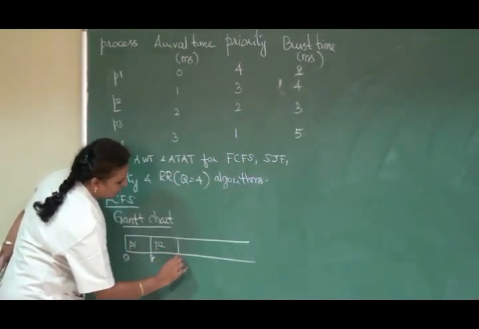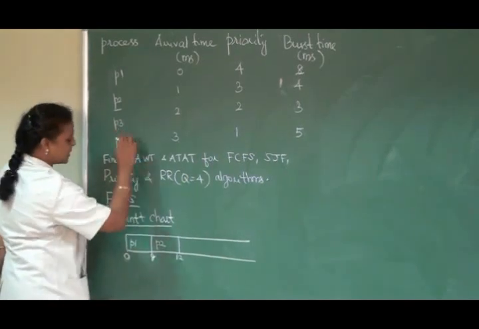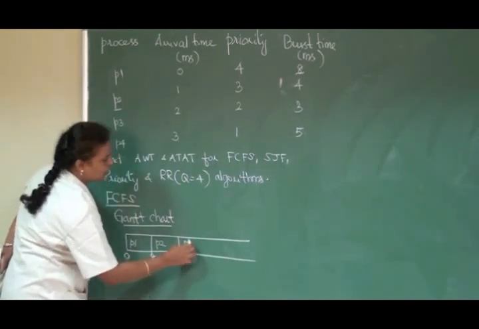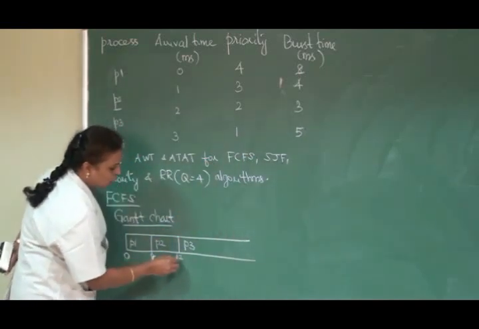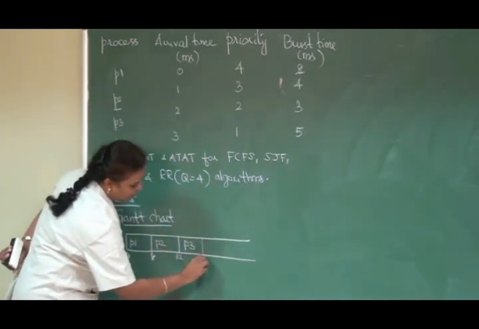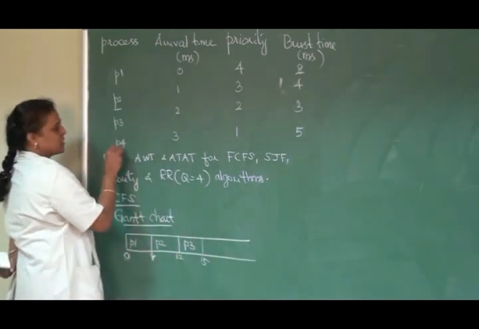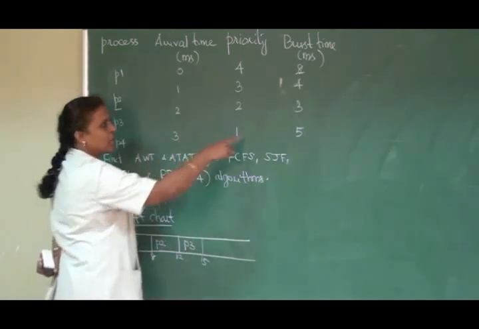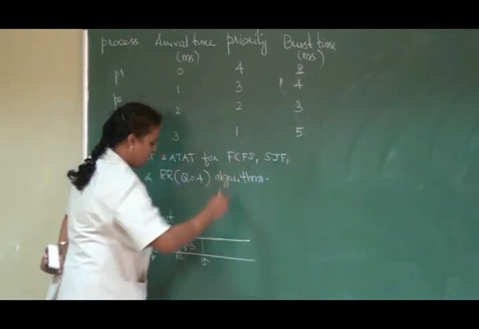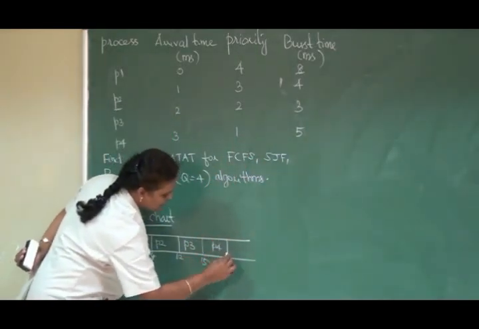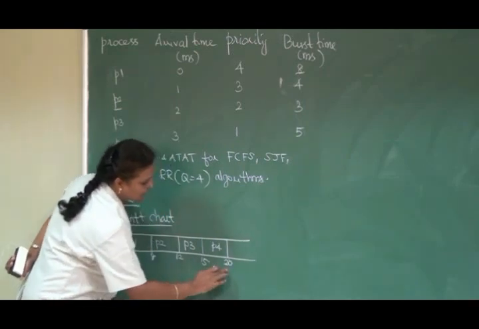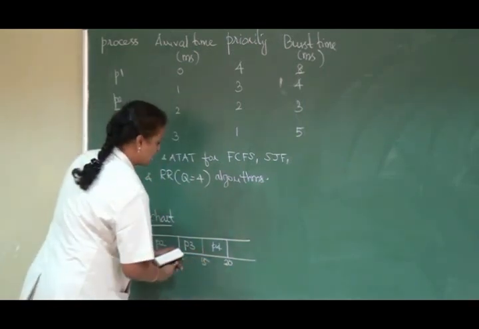So 8 plus 4, 12. Then the next process P3 gets the CPU and is executed for 3 milliseconds. So 12 plus 3, 15. And finally, process P4 gets the CPU and is executed for 5 milliseconds. So 15 plus 5, 20.